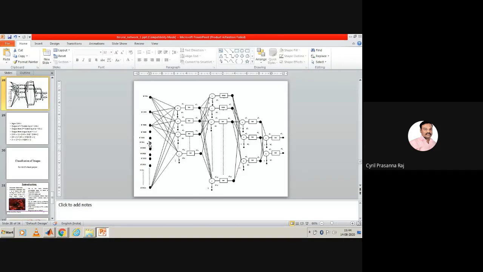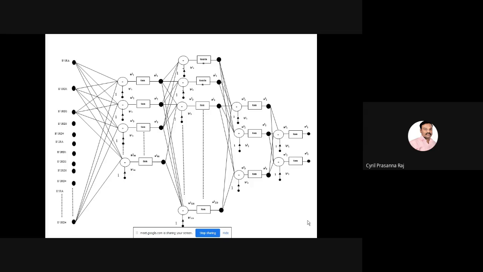When you start training the network, the weights and biases are identified. Once the network is completely trained, we will split this network.